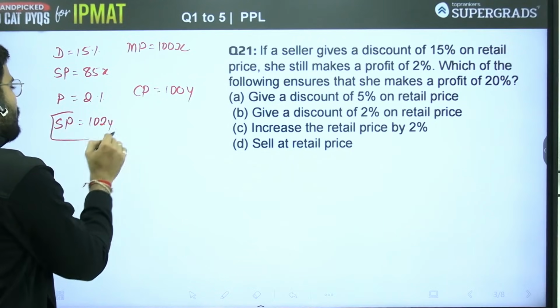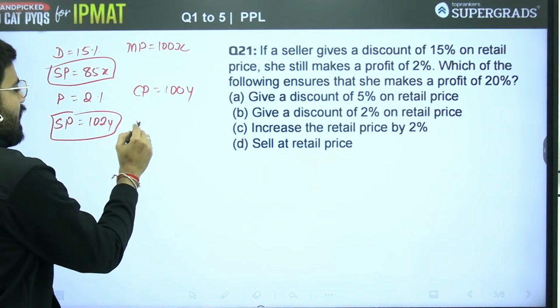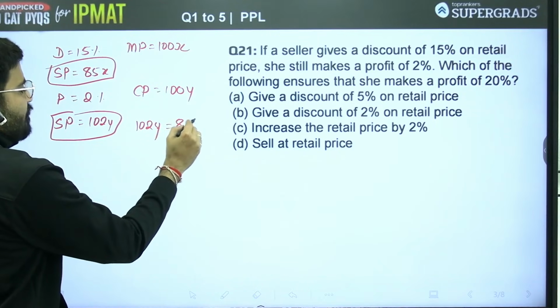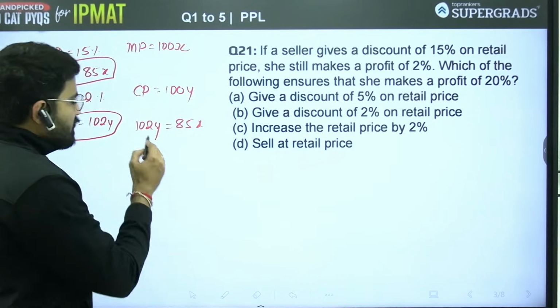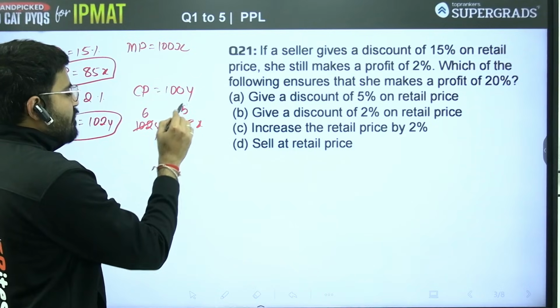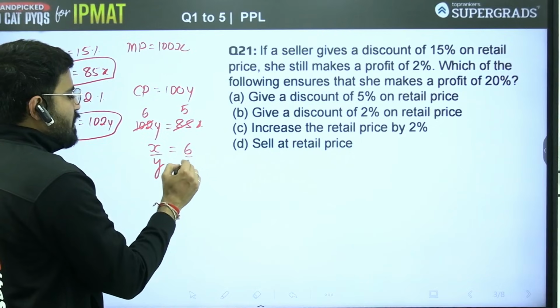Since SP is of the same article, 102y is equal to 85x. I cancel this with 17: 17 into 6, 17 into 5. From here I get x upon y as 6 by 5.